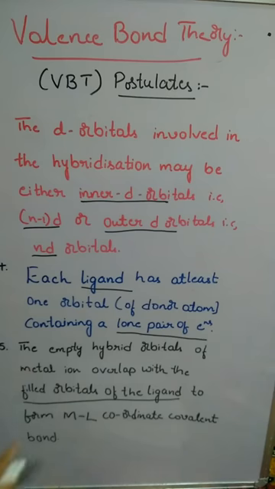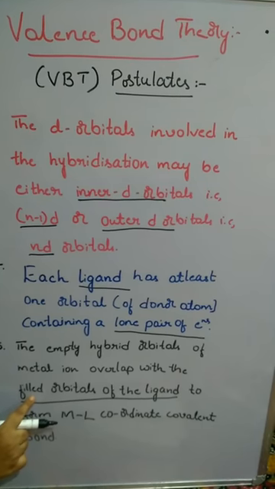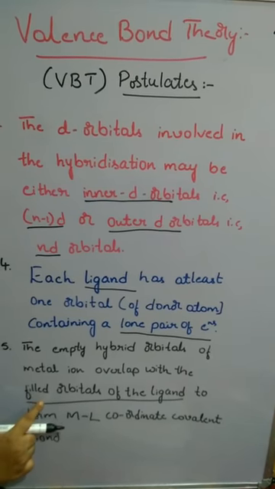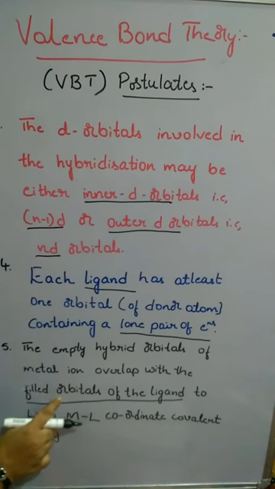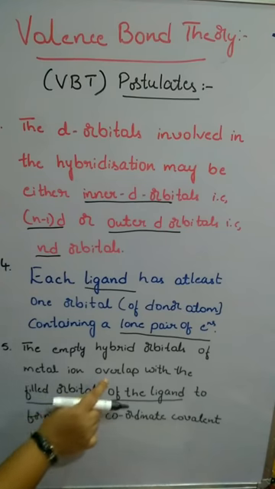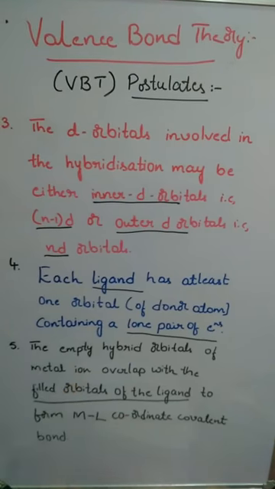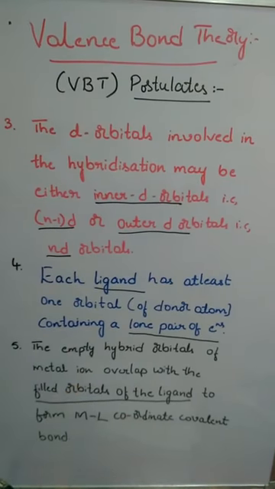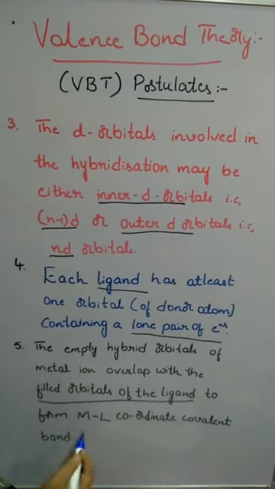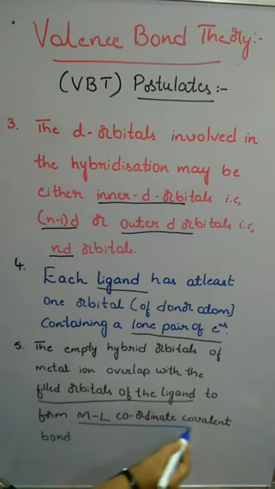The lone pair of electrons in that orbital overlap with the empty hybrid orbitals of the metal ion to form a metal-ligand coordinate covalent bond. So remember, a coordinate covalent bond is formed between the metal and ligand.